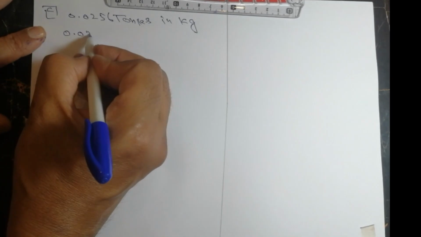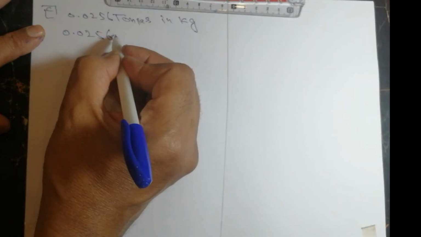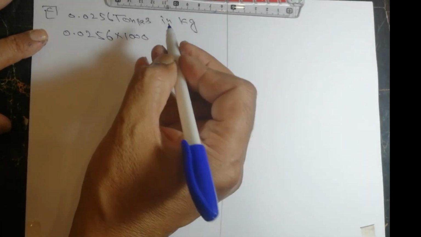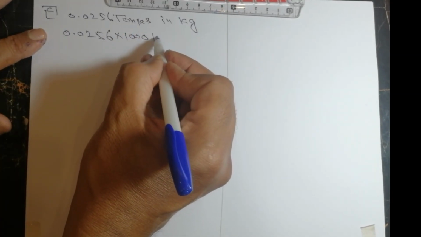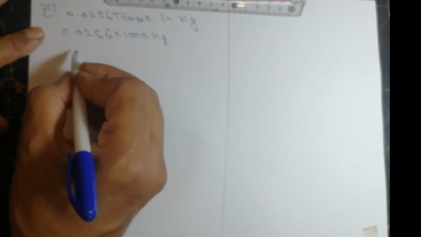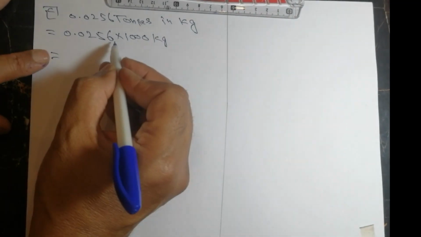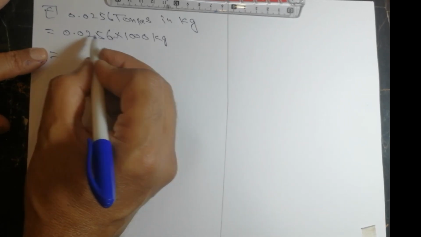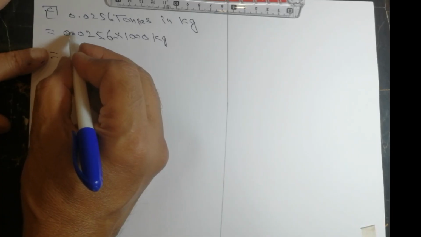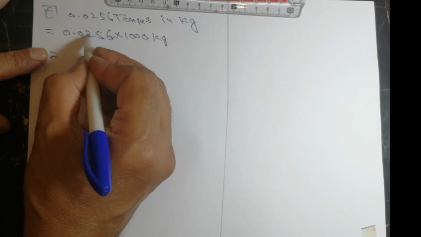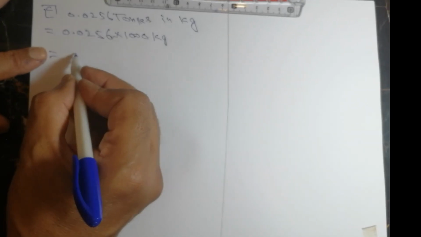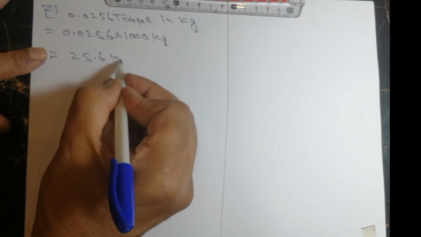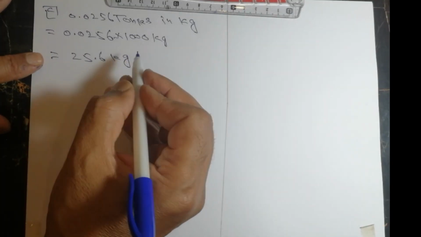So 0.0256 will be multiplied by 1000, so this is kg. In multiplication the decimal moves towards the right, 1 2 3 digits, so this will be 25.6 kg, so this is the answer.